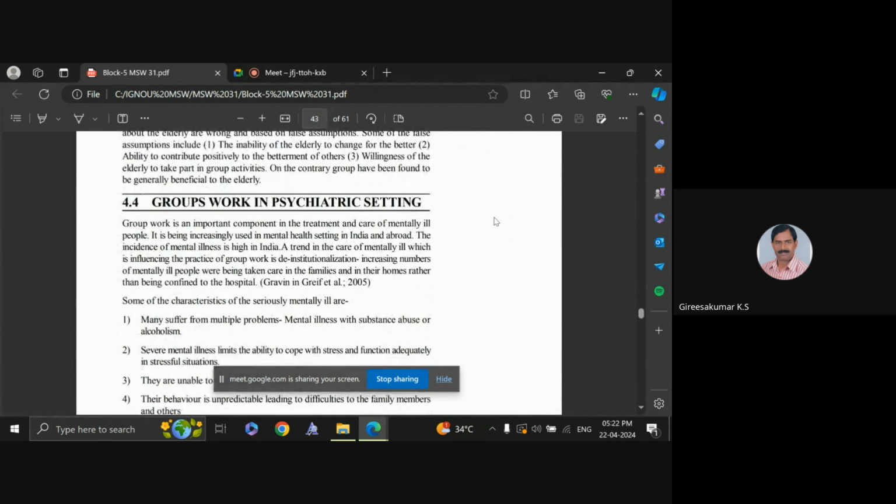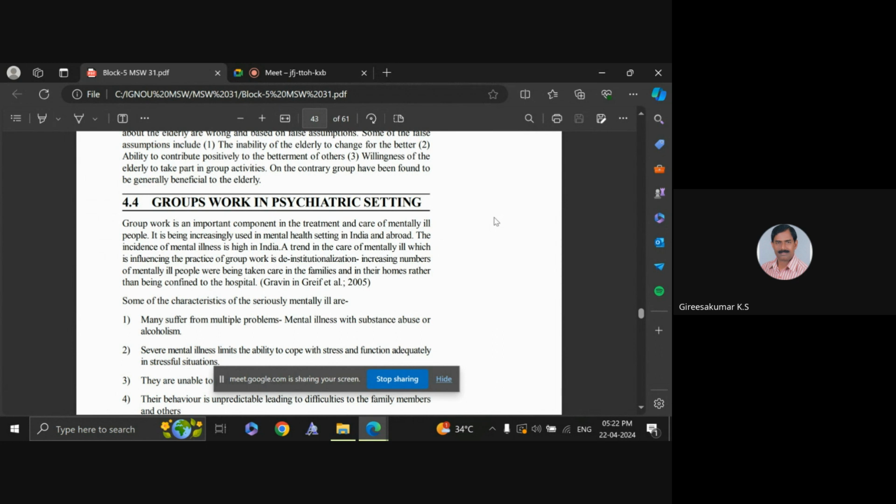Then group work in psychiatric settings: geriatric, any psychiatric persons having mental issues, physically or mentally challenged persons, mental illness, substance abuse or alcoholism. These are the major characteristics.